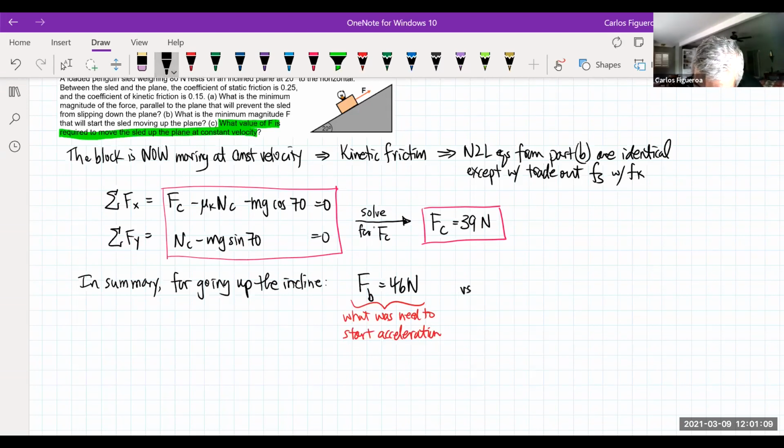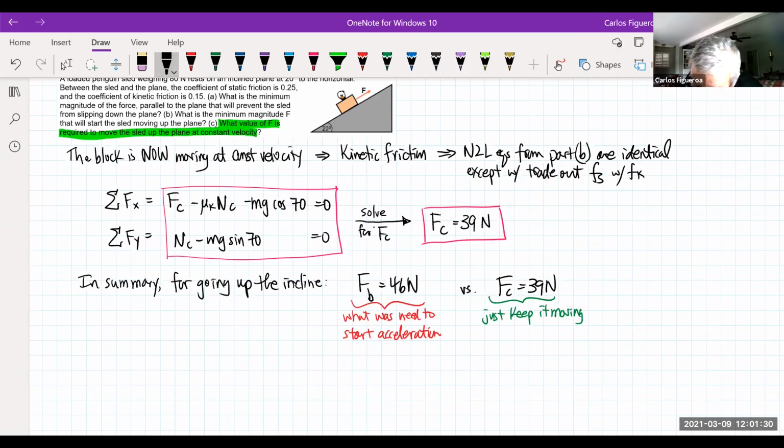Whereas F of C, which is equal to 39 newtons, this was needed to what? To just keep it moving. And you can see that the one for static friction to start the acceleration is bigger.